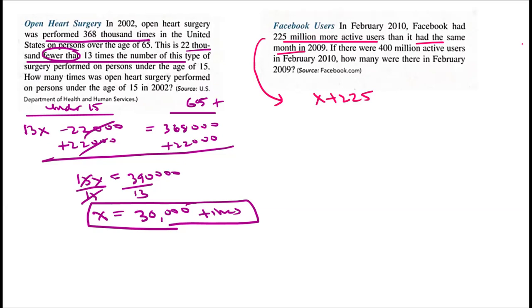When we do the original plus the 225, because it's 225 million more users than before, we know the outcome is 400 million. So we just subtract 225 on both sides. That gives us 175 million.